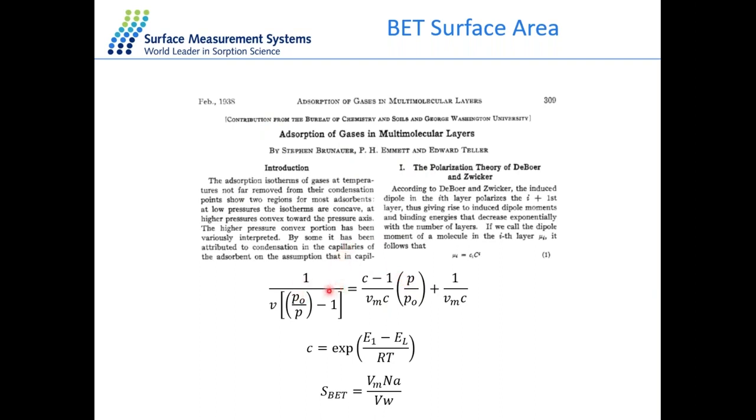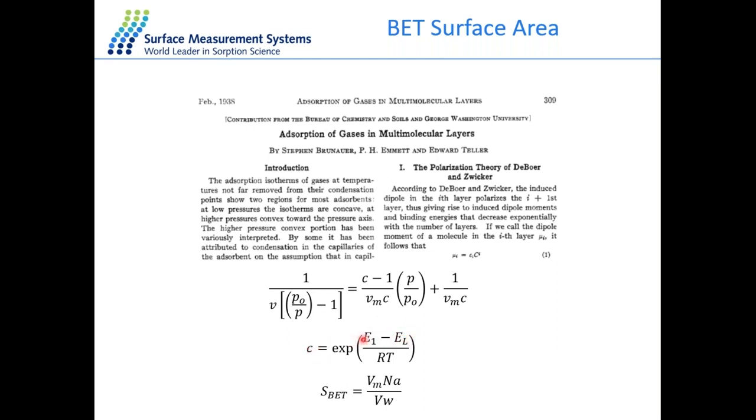Essentially, if you generate the isotherm, you can apply the BET equation here. And from the BET equation, we can get the C constant, which is related to the heat of adsorption. Essentially, the BET equation assumes that the first monolayer, which is this E1, has one adsorption enthalpy, and every subsequent layer has a different enthalpy from the first layer, but every layer is the same after that.